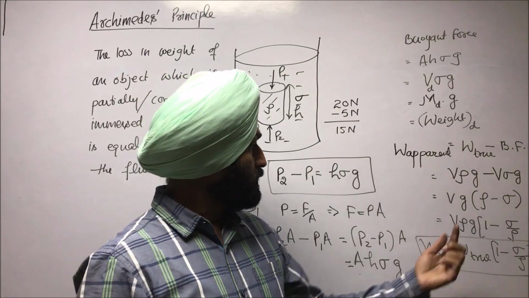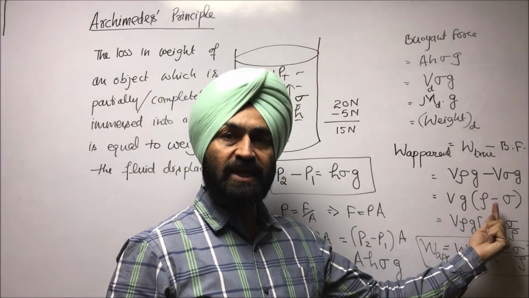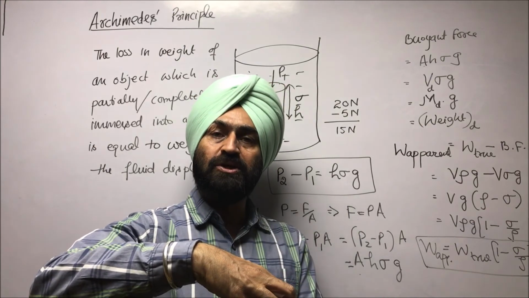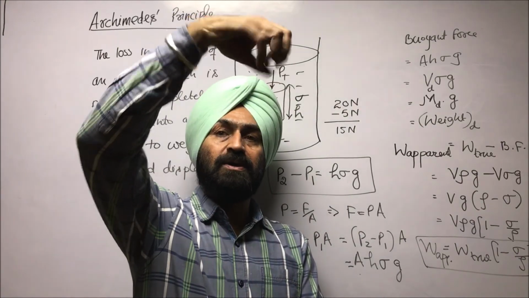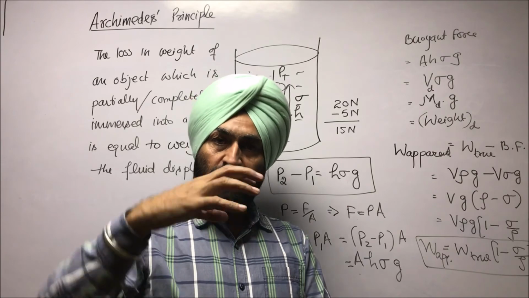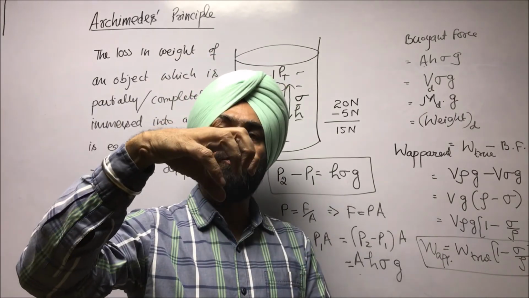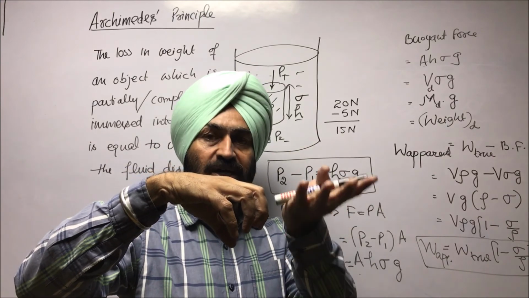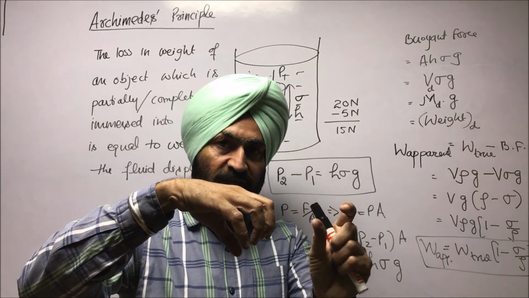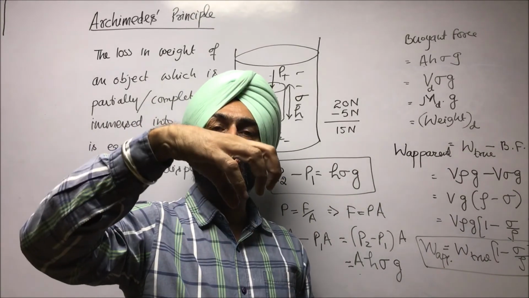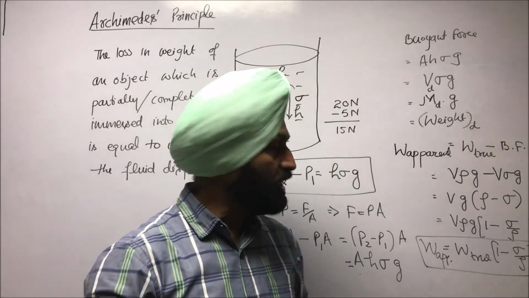In case the density of object and density of fluid are the same, like a helium filled balloon keeps rising up, but beyond a certain point it doesn't rise, because as density of surrounding air decreases with height, when the density of air and density of balloon become the same, after that the balloon stops rising up.